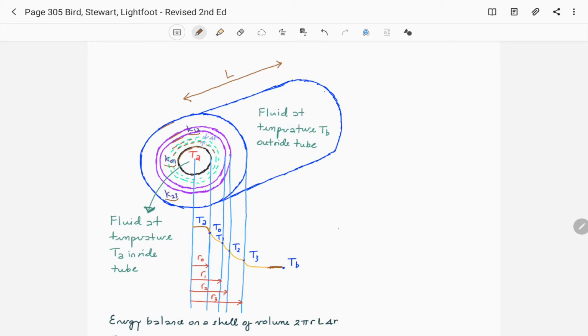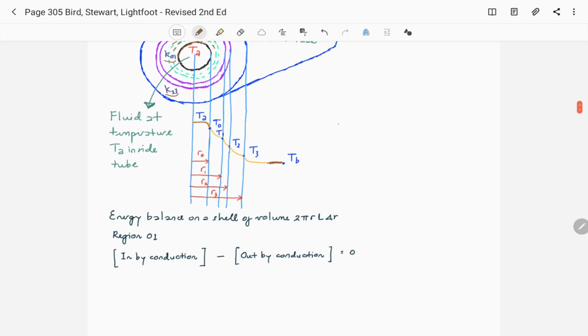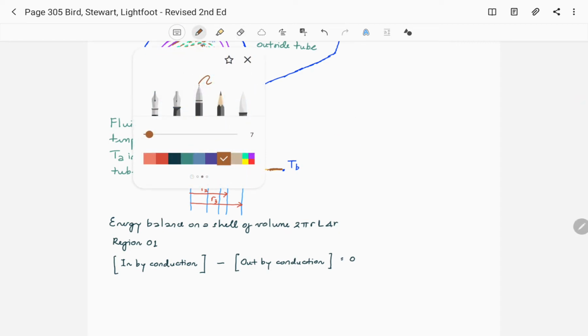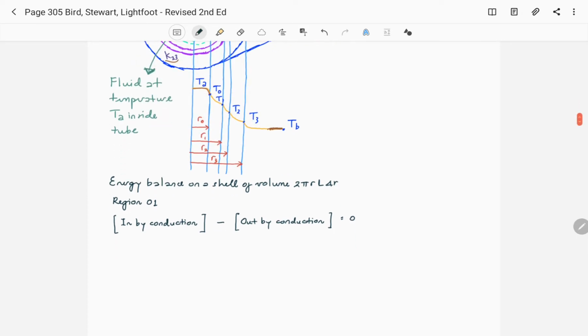We make these shell elements with the thickness of delta R, and then we can make an energy balance on a shell of volume 2 pi R L delta R. So in here, what we need to do is put in the heat flux in the radial direction, q_r at R, multiplied by the surface area where that heat flux applies, 2 pi R L, minus q_r at R plus delta R at the surface area where this heat flux applies.